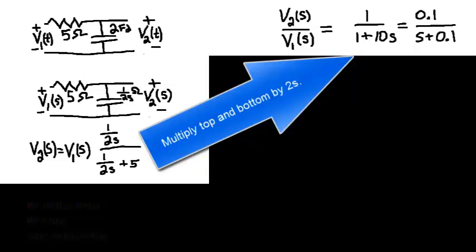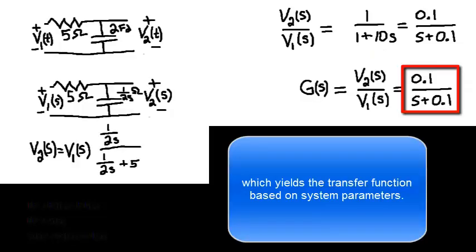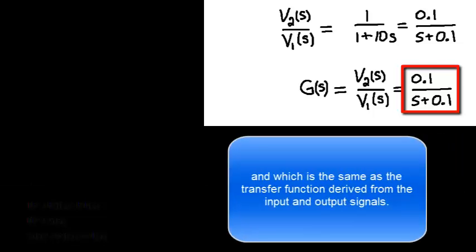Multiply top and bottom by 2s. Divide top and bottom by 10. Put in standard polynomial form, which is the resulting transfer function based on system parameters, and which is the same as the transfer function derived from input and output signals.